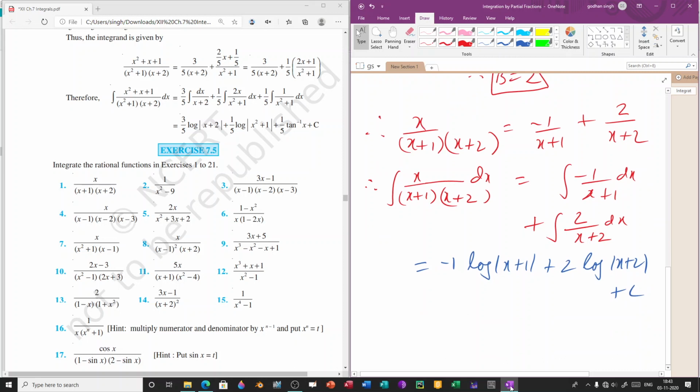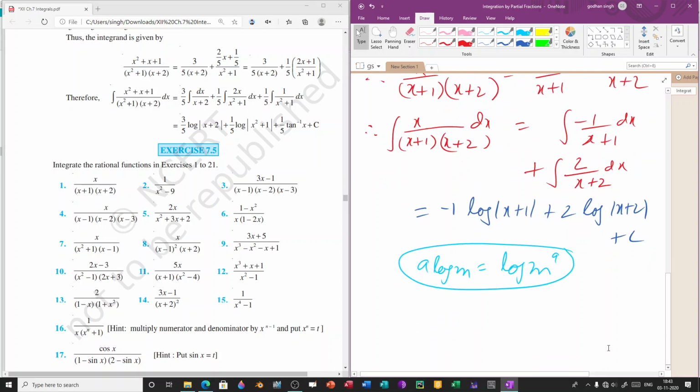And we know this rule, if you remember: a log m is equal to log m raised to a. The a outside the log can be taken inside the log. So this form will apply.